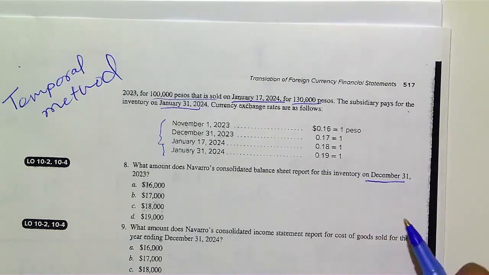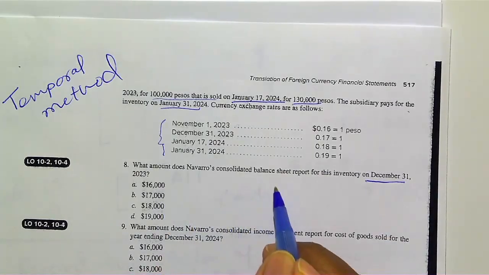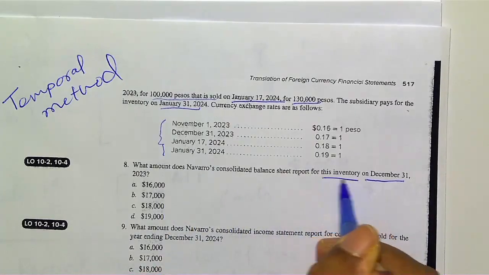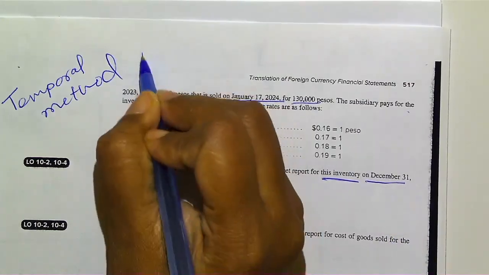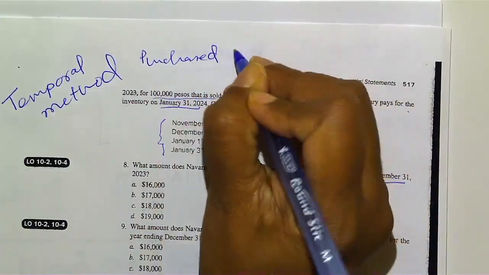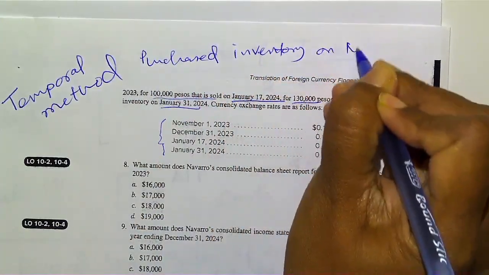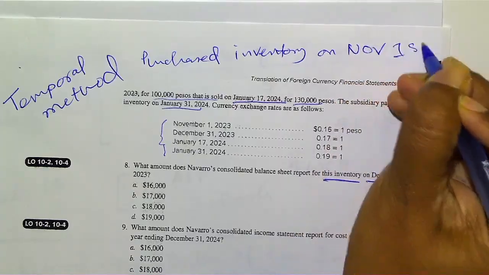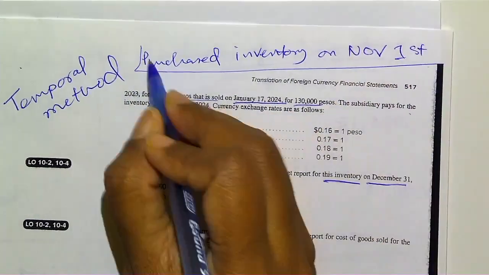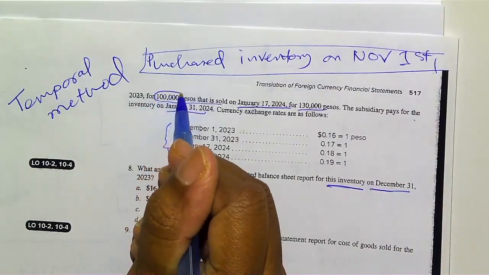Now, what amount should Navarro's consolidated balance sheet report for the inventory? Remember, they purchased inventory on November 1st. This is the information from the other page, and this is 100,000 pesos.